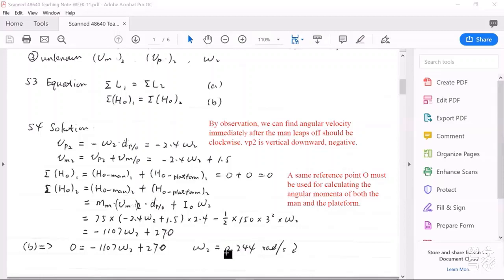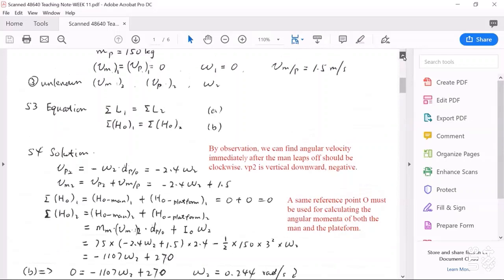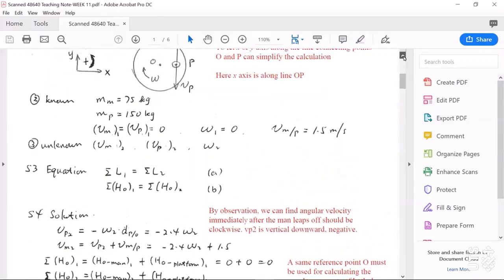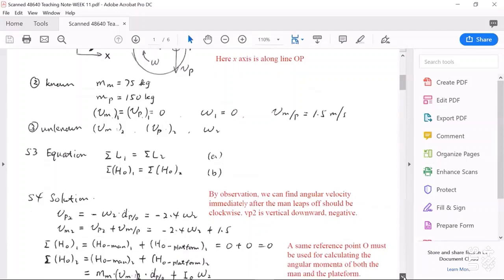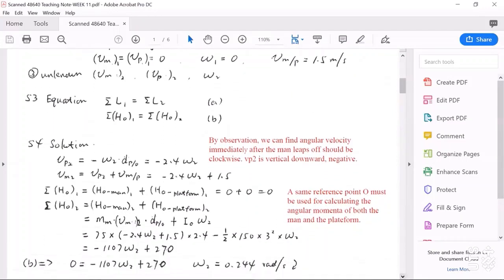That means in the diagram, they assumed or they observed the direction of this angular velocity omega 2 is correct. It should be clockwise as indicated here. According to the defined coordinate system, this omega 2 should be negative.